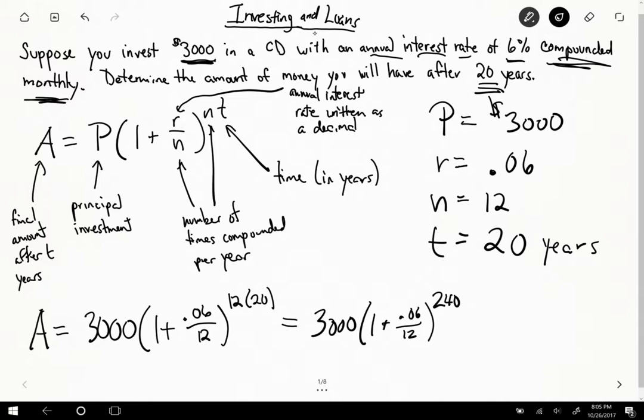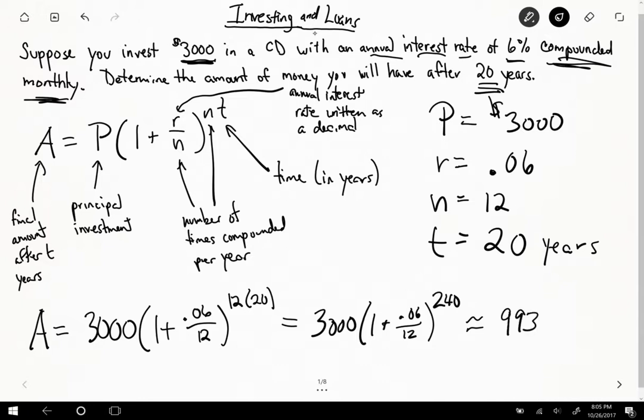And so now we're ready to rock and roll here. So you get 1 plus 0.06 divided by 12, and you raise that to the 240th power, and then we can multiply by the $3,000. You could have done it first. It just might be easier for us to work with the hardest part, the parentheses, first. If you've done this correctly, you should get an answer of approximately, now I'm going to do a little bit of rounding here.